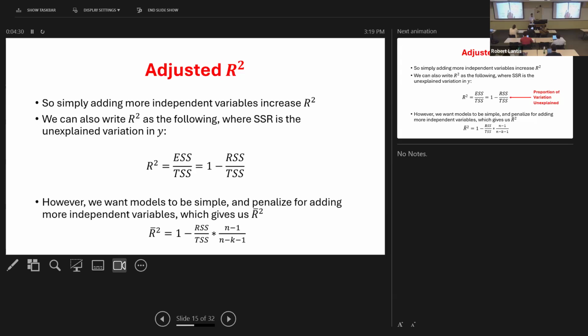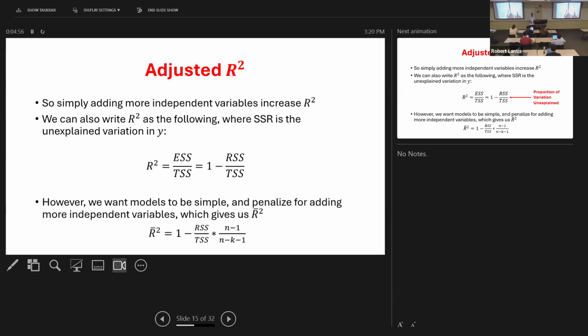So my adjusted R squared, when I take higher sample sizes, I'm still seeing the same proportion that I can't explain, but it's not getting multiplied by as large of a factor, right? So essentially, as I take a higher and higher sample size, my adjusted R squared is going to be closer and closer to whatever that original R squared value is.